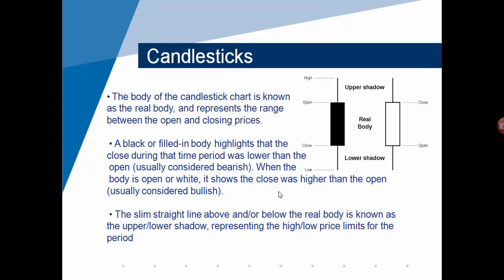When the body is open or white, it shows the close was higher than the opening. So in the white candle here, we have the open and price rallied upwards. Bulls pushed price upwards and closed here. The slim straight line above and below the real body is known as the upper or lower shadows or wicks, which represents the high and low price limit for that time period.